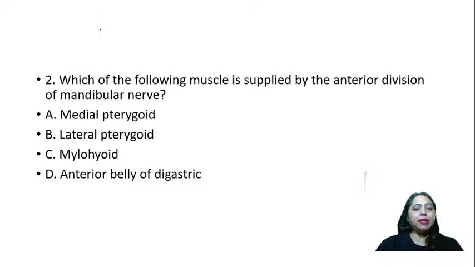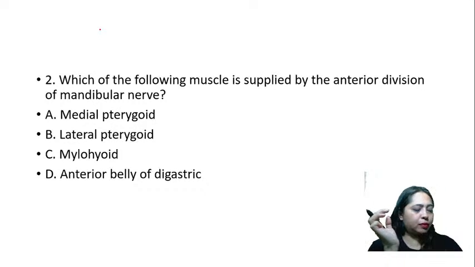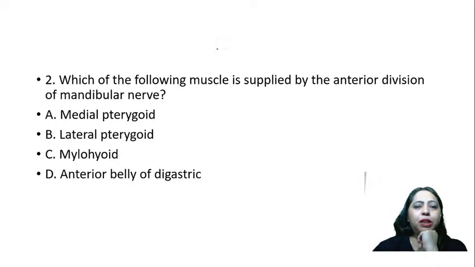Which of the following muscles is supplied by the anterior division of the mandibular nerve? Who knows this part of the theory? Mandibular nerve. Mandibular nerve exits from which foramen? Foramen ovale.